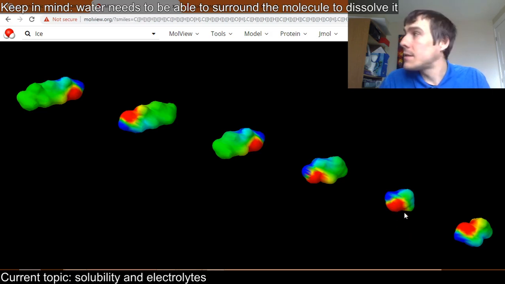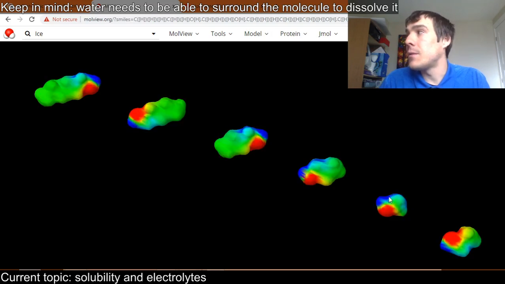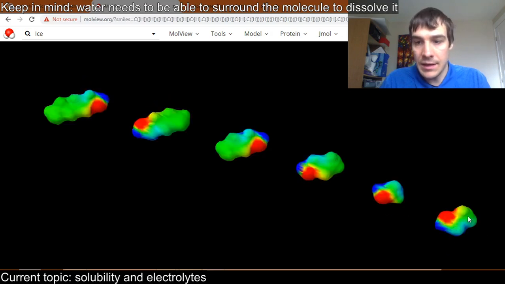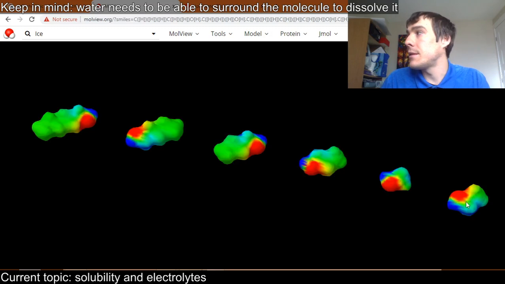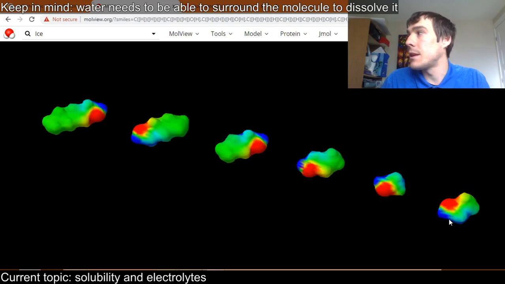So you can kind of see from this that the small alcohol is going to be a better target for water, because there's areas where the water can coordinate to positive and negative and surround it, because it has to be able to surround it to dissolve it. The longer alcohol, right, this is ethanol, the one that people drink, is also pretty good on that front, right? There's a good amount of places for water to kind of get attracted to.